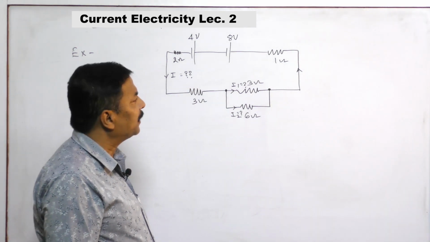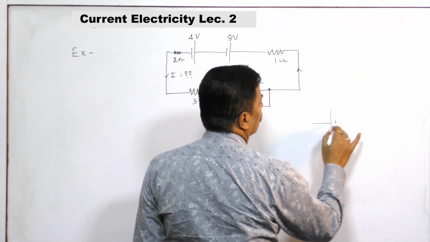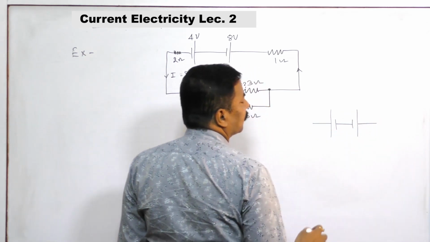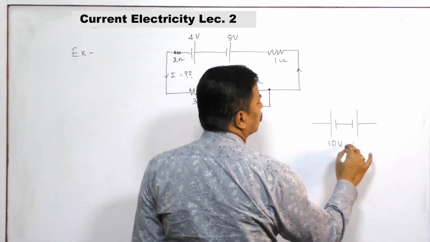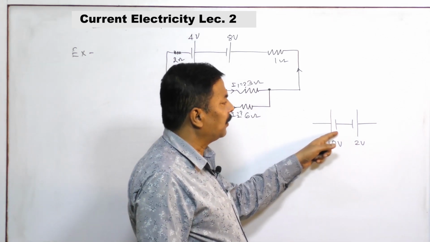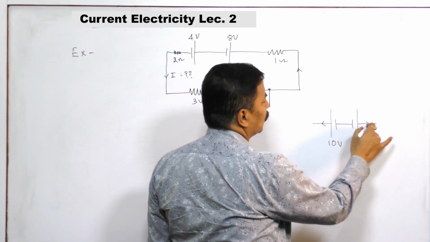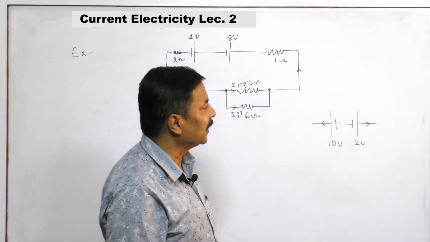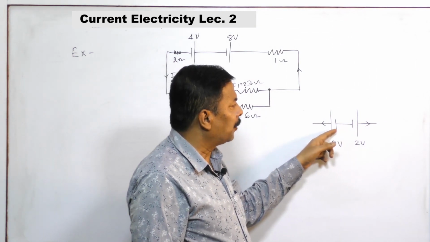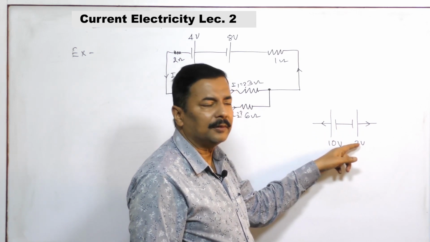Now, one concept I would like to tell you: if a battery is connected with another battery, suppose this is 10 volt and this is 2 volt. This is a battery of 10 volt, this is a battery of 2 volt. This is trying to give the current in this direction, and this is trying to give the current in the opposite direction. As this battery is oppositely connected, ultimately this will be the winner and it will neutralize its effect.